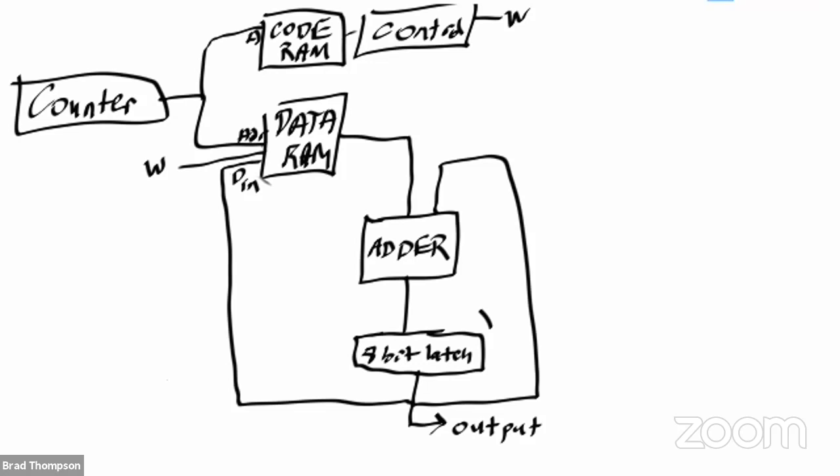It also might tell us, for example, if we want to have our program be able to subtract as well as add. I'm going to add another input over here.